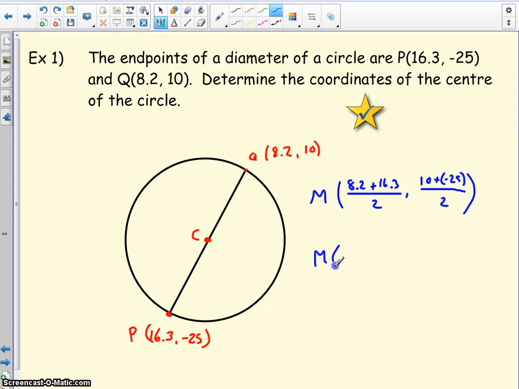So let me run each of those through my calculator. 8.2 plus 16.3 is 24.5, and 10 plus -25 is -15, so I'll have -15 divided by 2.